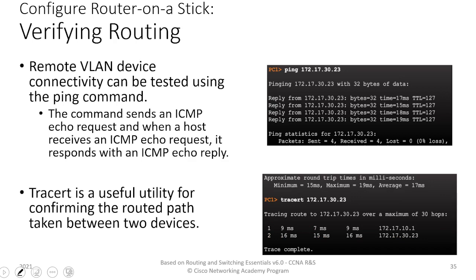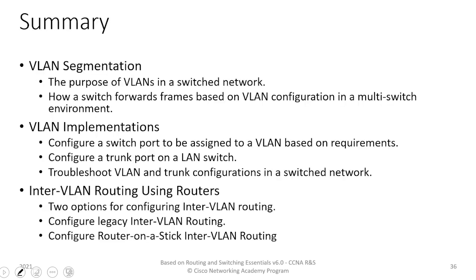Because essentially all of these are separate networks, they will behave as separate networks, and we can do all the verification between these different devices as we would do even with a physical network.